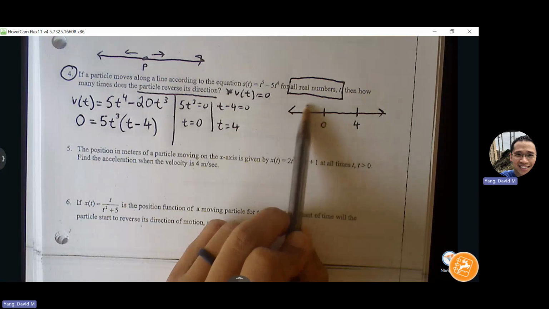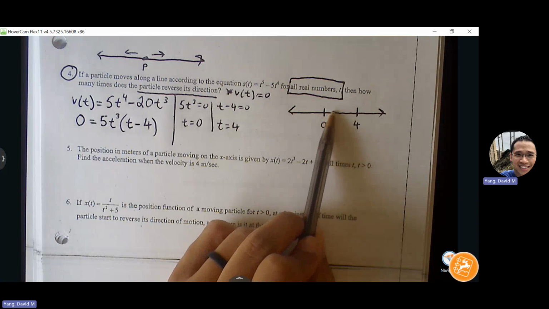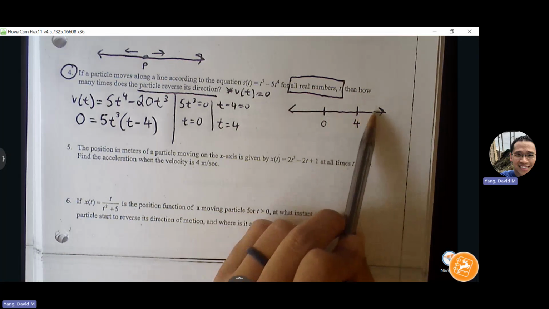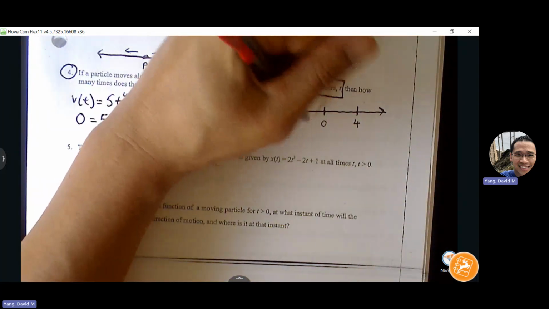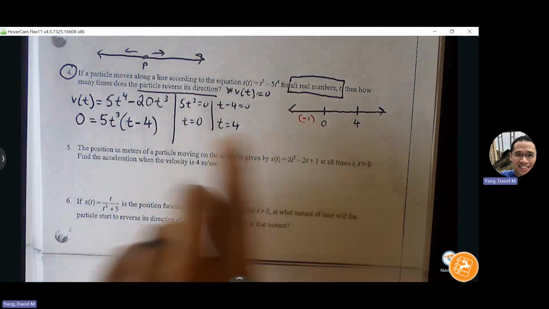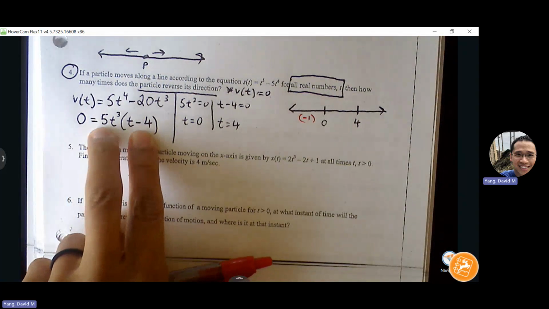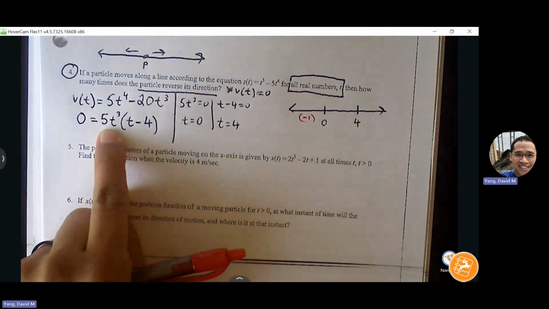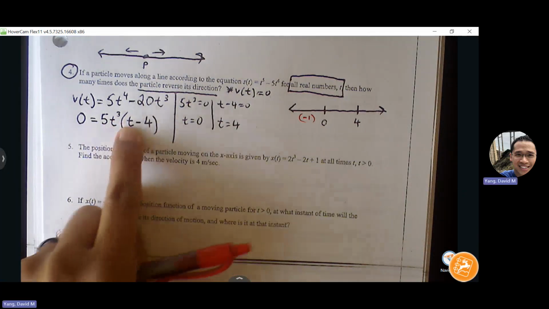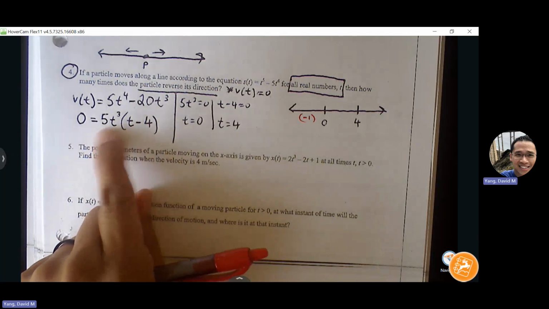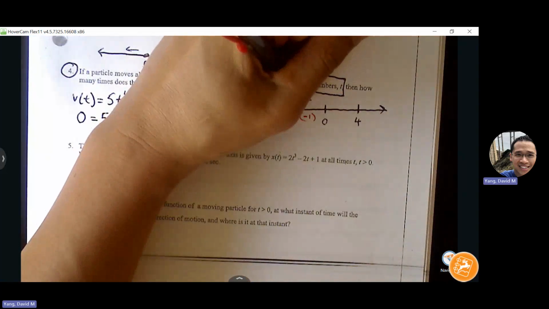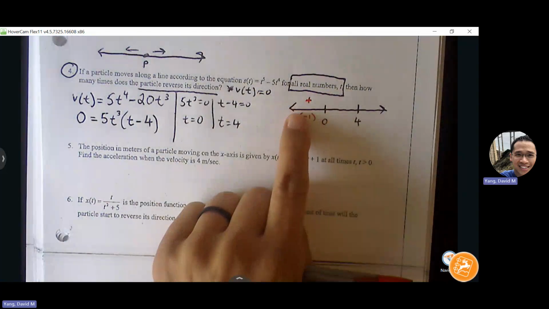It's going to move along the same direction for this entire interval, and then the same direction for this entire interval, and the same direction for this entire interval. So we're going to test. What's an easy number for me to test? I can test -1. I can plug -1 into my velocity function. Factored form is the easiest one to do. If I plug -1 here, would that be negative or positive? Negative. And then what about -1 minus 4? That's also negative. Negative and negative gives me positive. So that means in this interval, this object's moving to the right.